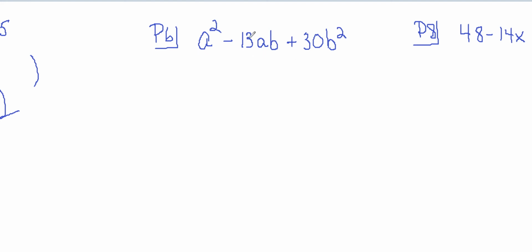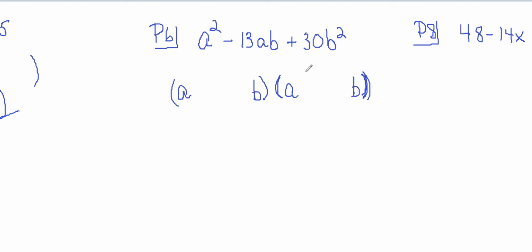Okay, here's the peculiar looking one with the b squared at the end. I know what to do with the a squared at the beginning. The lead coefficient is 1, so that translates to the word easy for us. And so that means a goes here and a goes here. And the b squared, let's take care of that now by putting a b here and a b here.